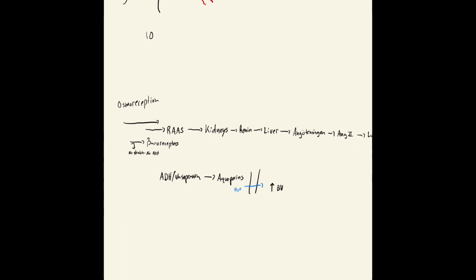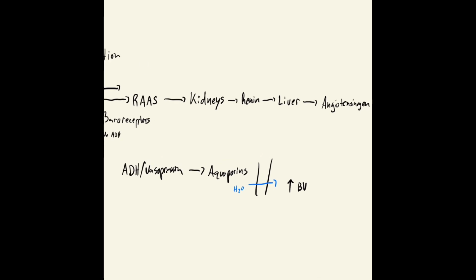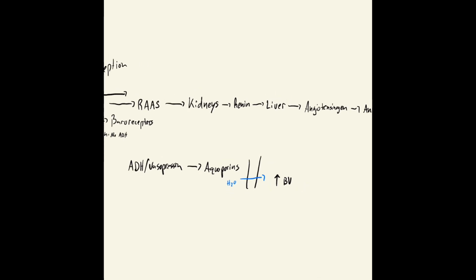So we're going to go back and talk about ADH here quickly. So ADH is the same as vasopressin, and vasopressin kind of describes what that means, where it constricts vessels, it presses on vessels. So vasopressin or ADH will affect the aquaporin.